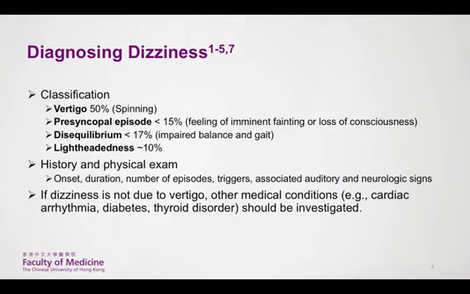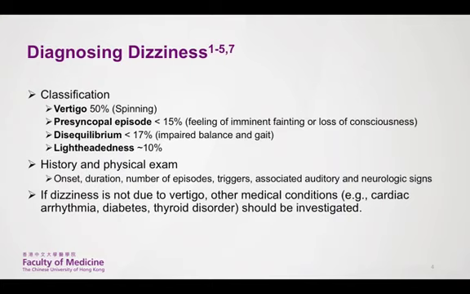Due to the generality of the term dizziness, in working up a patient with dizziness, they are generally classified into four groups, with vertigo being the most common. The first type, vertigo, involves illusion of movement, also described as a spinning sensation.